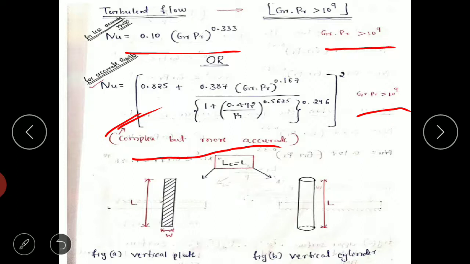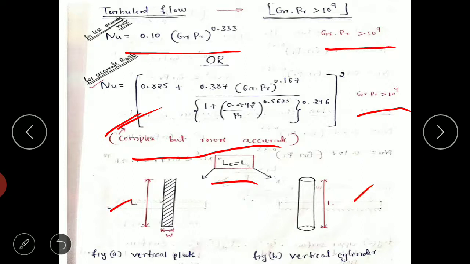If you are running out of time in the examination, use the first formula. If you have sufficient time, please use the second formula so that you get accurate answers.